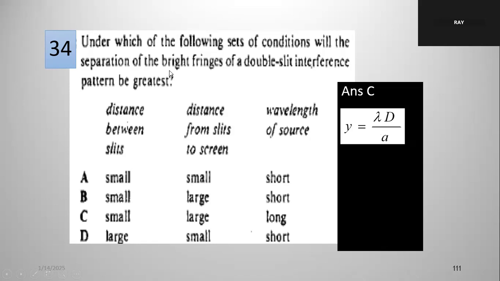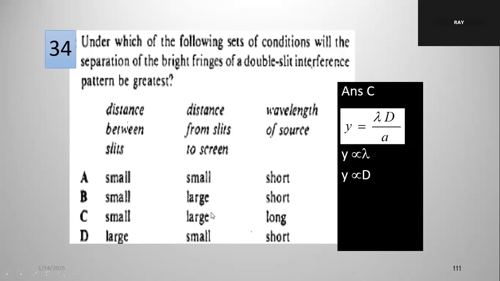Under which set of conditions will the separation of the bright fringes of the double slit interference pattern be greatest? You want Y to be largest. Y is proportional to lambda, so wavelength long.